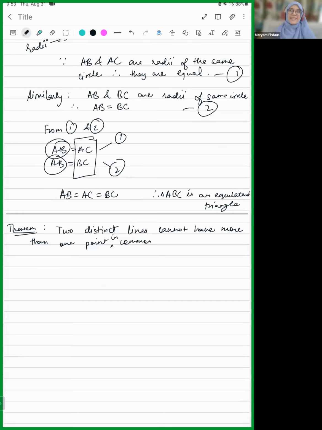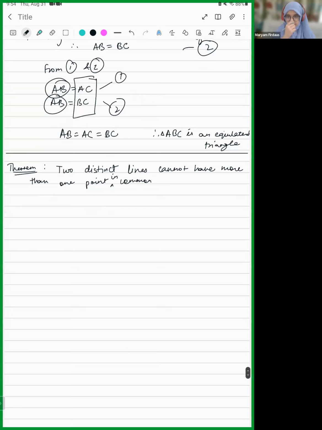This theorem says two distinct lines cannot have more than one point in common. Can they have less than one point in common? Yes, they can. For example, parallel lines.